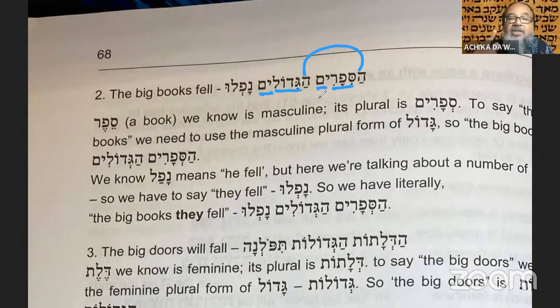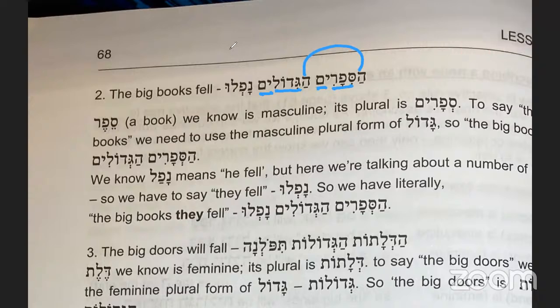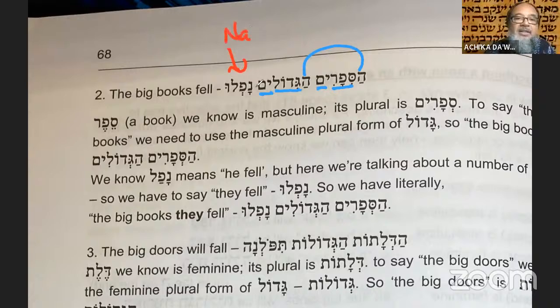Okay. Now that I've described that, now I'm going to describe the verb. Well, what's the verb here? Yes, which is na, right? And then we got the PH because it doesn't have a dot in it. And then I got an L, and then I got a U, which is this sound here.